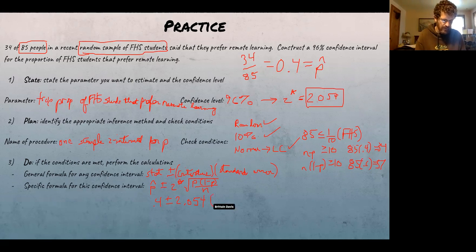Okay, this standard error is the square root of 0.4, and then 1 minus p is 0.6. n is right here, that's 85. So you guys can go through and calculate that. I'll show the final answer also, but I'm just going to first of all calculate the margin of error.